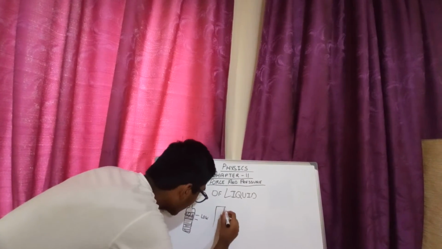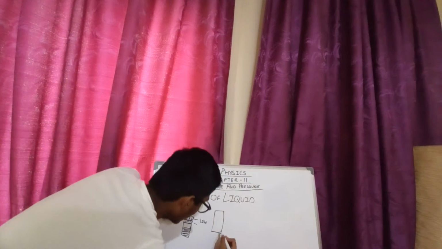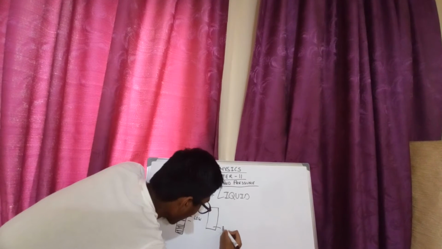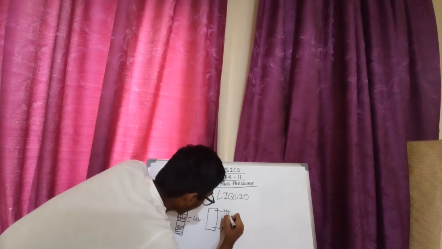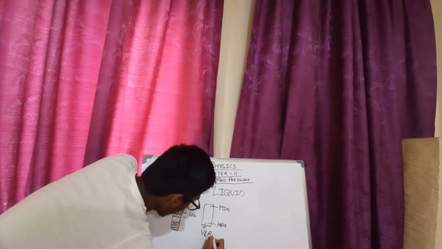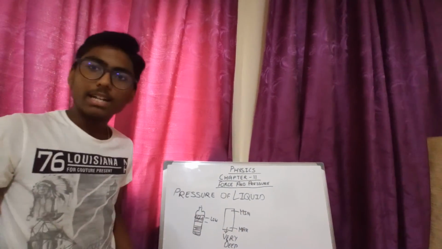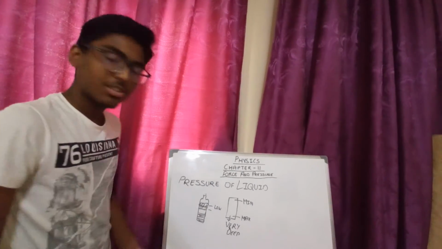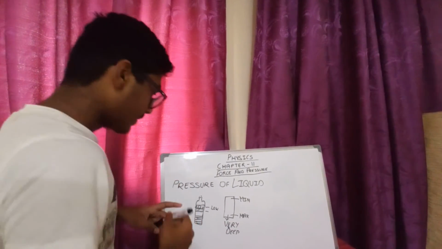So what do we understand from this? We understand that as the depth of the water increases, the force increases. So this is max and this is minimum, because this is very deep. So we can understand that as depth increases, the pressure by the liquid increases.